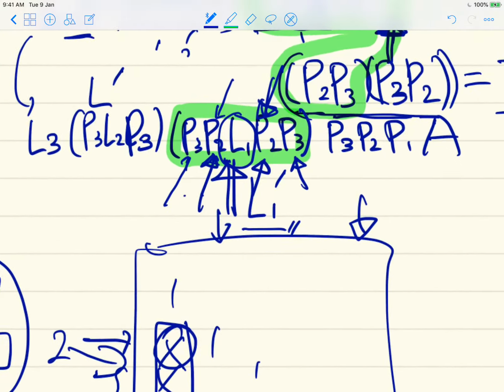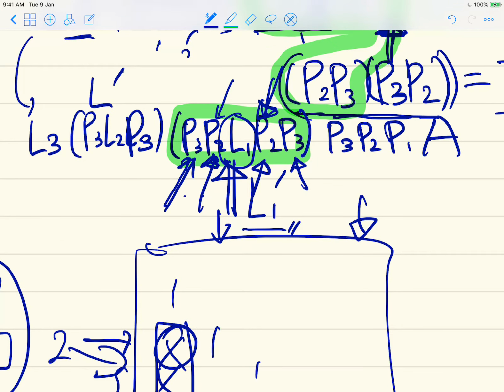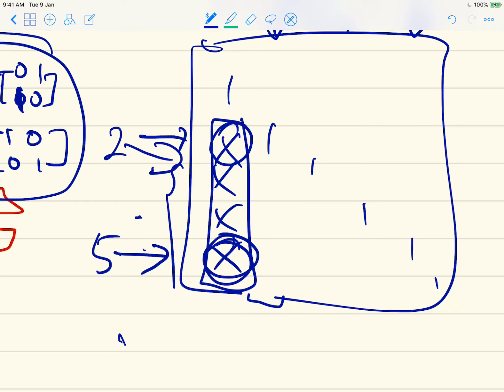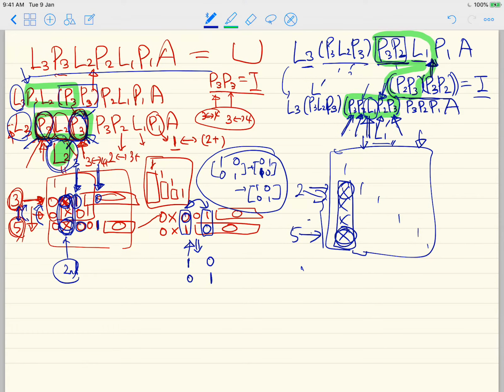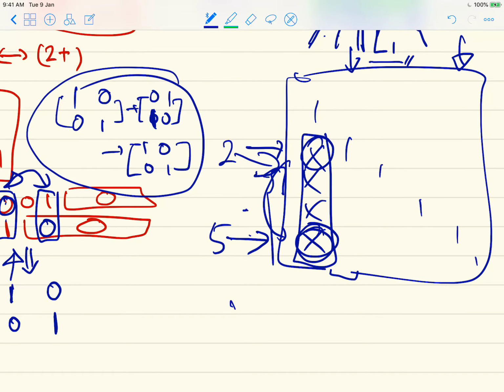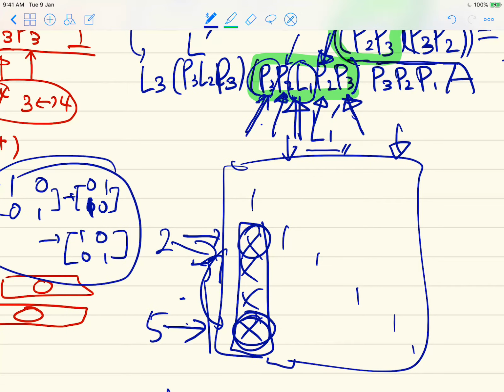Okay, and then we also do another step of row and column interchanges, and in this case, given this matrix L, we just change between these two, and then if this P3 was changing the third row and maybe the fourth row, we also change between these two. And then even if we apply this column permutation, it doesn't have any effect, right?